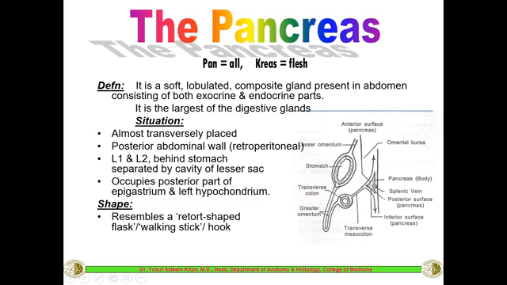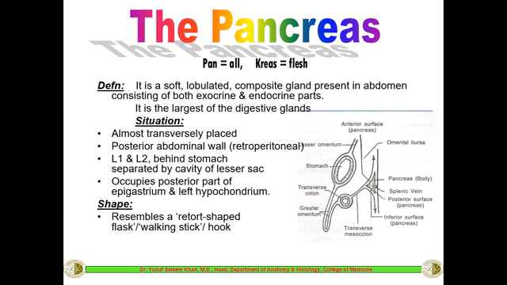Here you can see the cross section of the stomach, the lesser omentum, the greater omentum, and here is the lesser sac, and just behind that will be the pancreas. So it is behind the stomach as well as behind the cavity of the lesser sac. The stomach and the pancreas are separated by the cavity of the lesser sac.